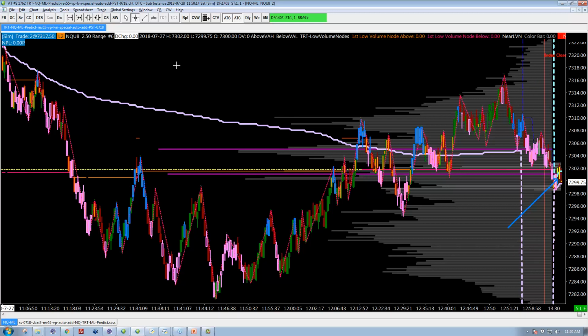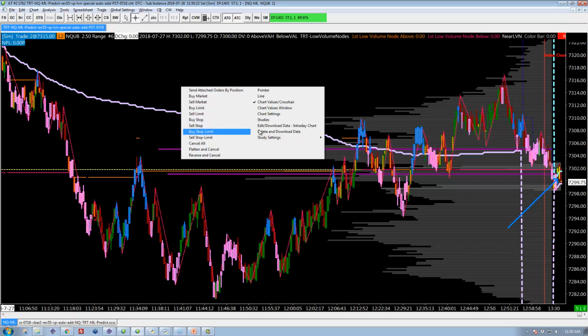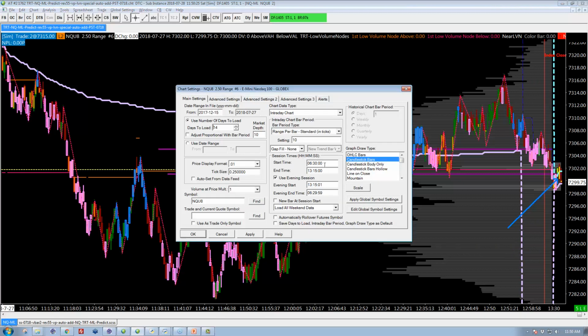Yeah, just use whatever time. Your chart settings are probably set up correctly. I just wanted to make sure you understood that. So as long as this chart setting is set correctly for your time zone, you can see it down here, right? Then it'll be right, because by default it uses these times.